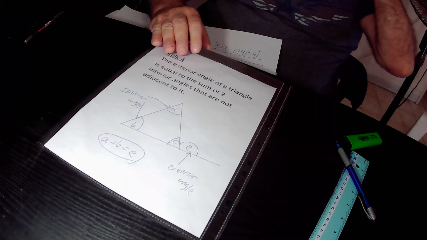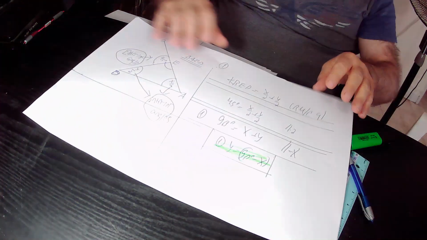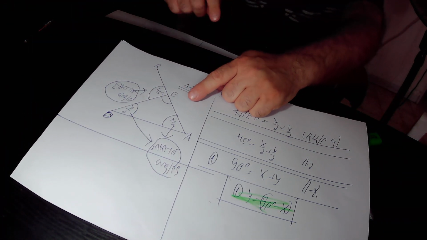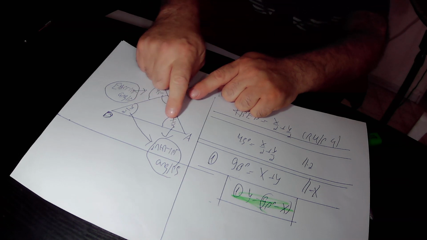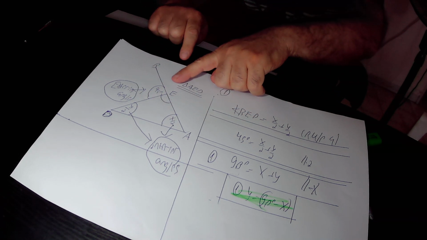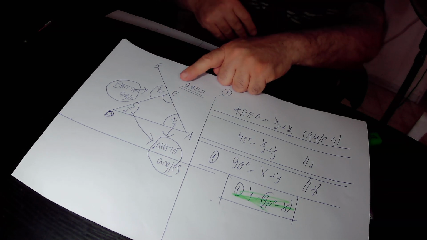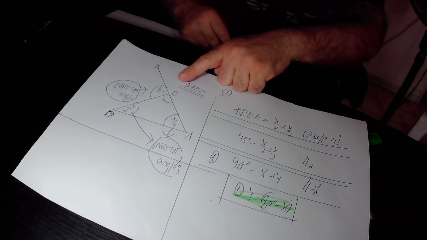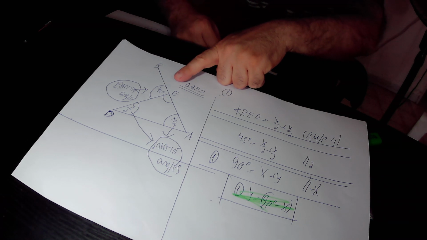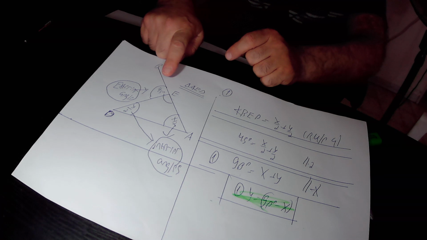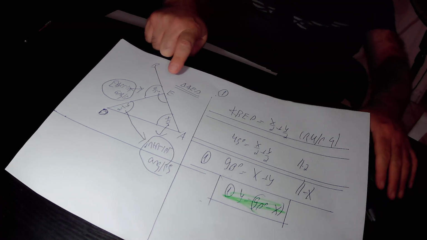So we can implement rule 4 in our drawing. Why? Because in our drawing we have here three interior angles, and this is angle BED, the external angle. According to rule 4, the size of this external angle BED is equal to the sum of the two interior angles that are not adjacent to it.